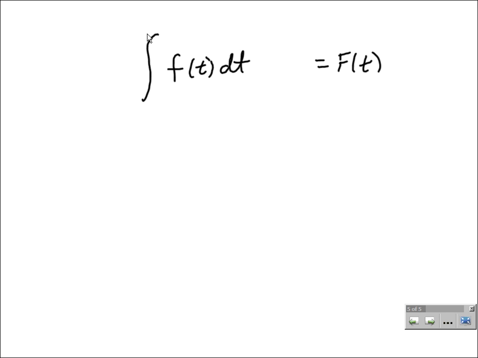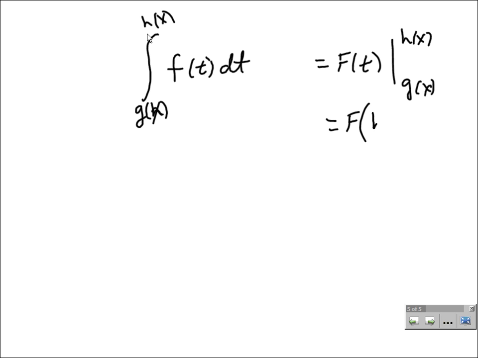And if you evaluate this from g of x to h of x, then you have to evaluate big F from g to h. That is, you get F of h of x minus F of g of x. Like always, first we plug in the upper limit, then the lower limit.